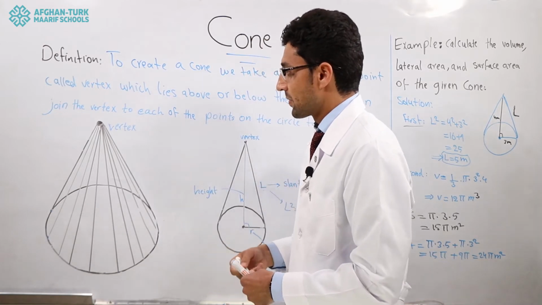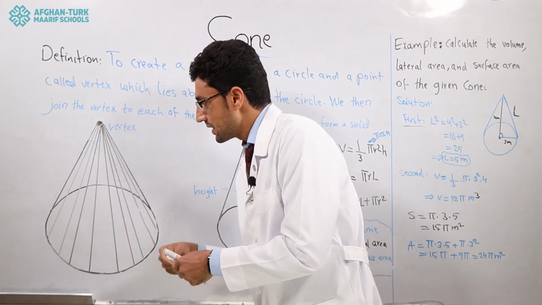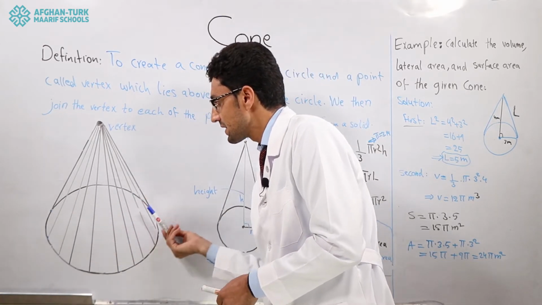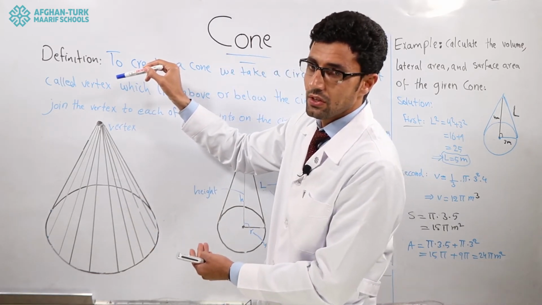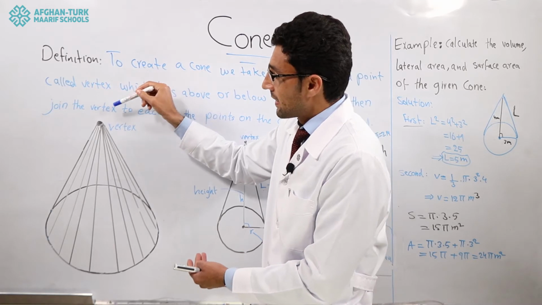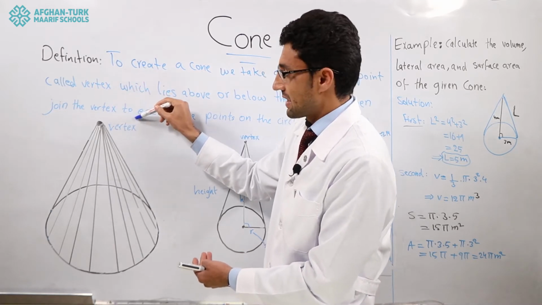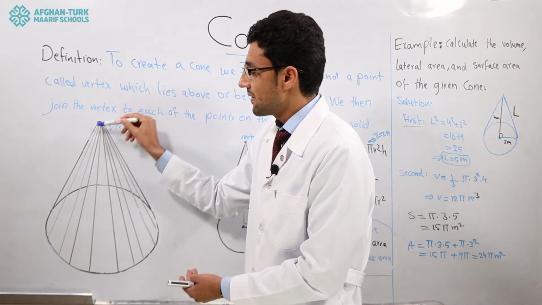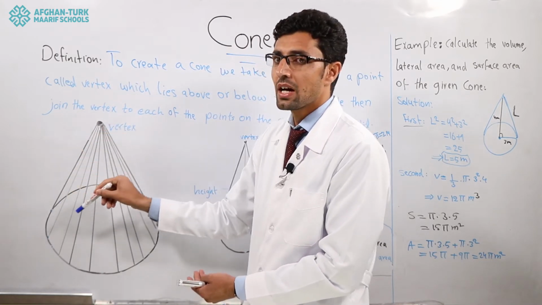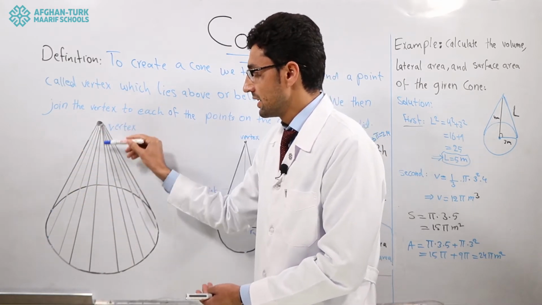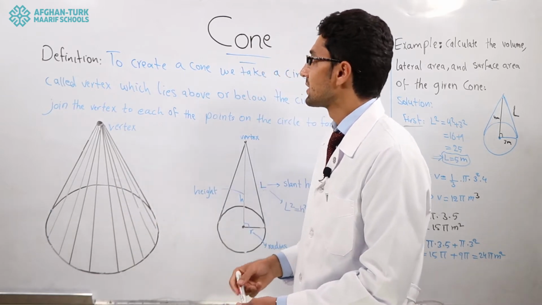So once more, pretend that here we have a circle, and at the top of the circle we have a dot. What do you call that? Vertex. If we have many lines, two or more than two lines, this shape is called a cone.